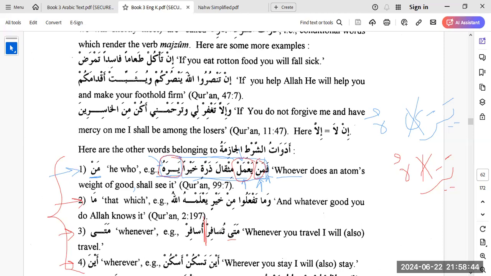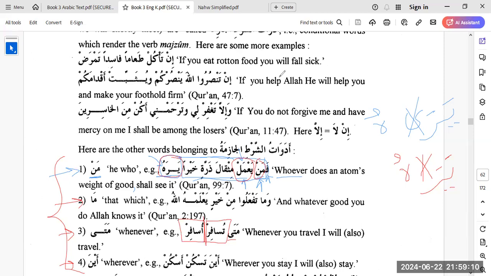But it is mata tusafir. Whenever you travel, usafir, I will also travel. So you can see that this will determine these two majzoom verbs there. The first one is fi'l shart and second one is jawab shart. All right. They will determine that the meaning of this mata is for the condition, it would be whenever.